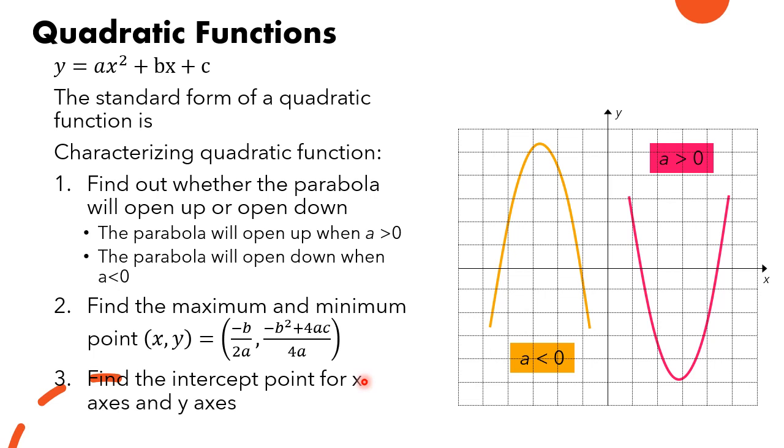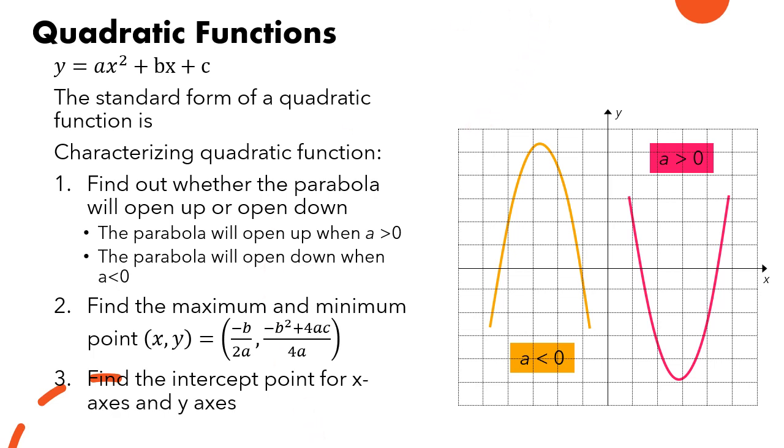And through the second step, or you can go through this first step, you also have to add the discriminant, whether it is a positive or negative value or 0, to find out whether the curve will be touching the x-axis, crossing the x-axis, or floating over the x-axis.